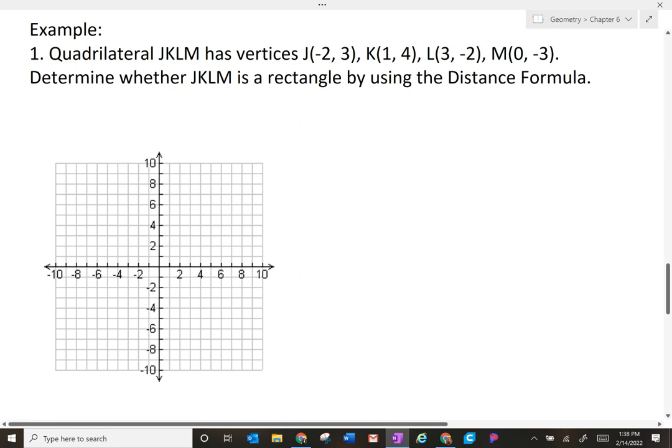All right, so looking at this one, again, you don't have to draw it perfectly to scale with graph paper, but it is important to understand which ones are going to be the opposite vertices, so that way you know which ones are going to be the diagonals. So just kind of plot them out so that way you know where they're going to be at. So -2 and 3, this will be my first point. That'll be point J. K is going to be at 1, 4. So that'll be K. L is going to be at 3, -2. That'll be L. And then M is going to be at 0, -3.